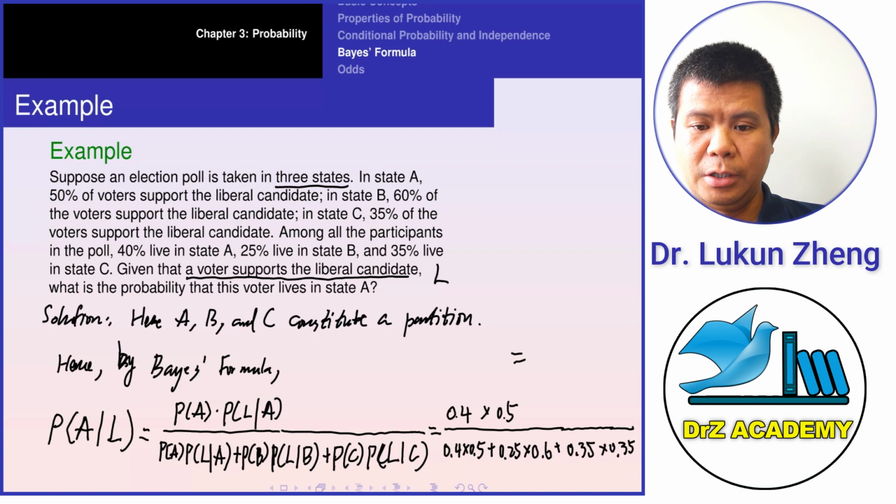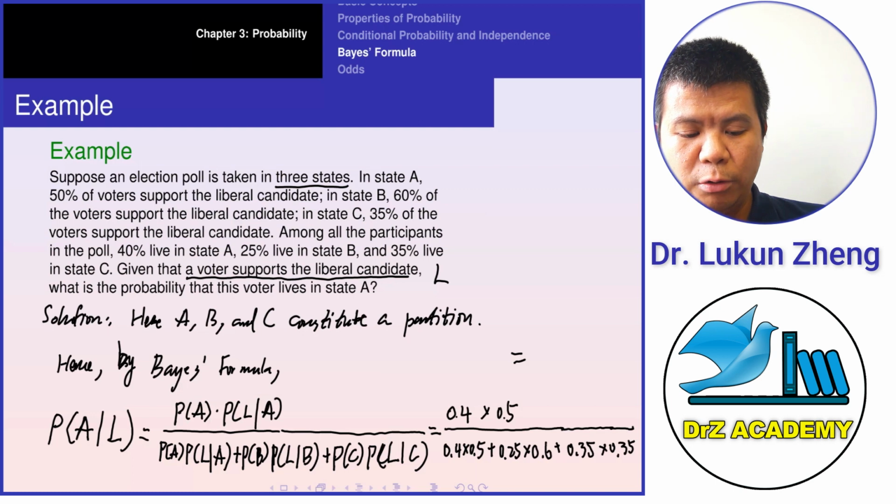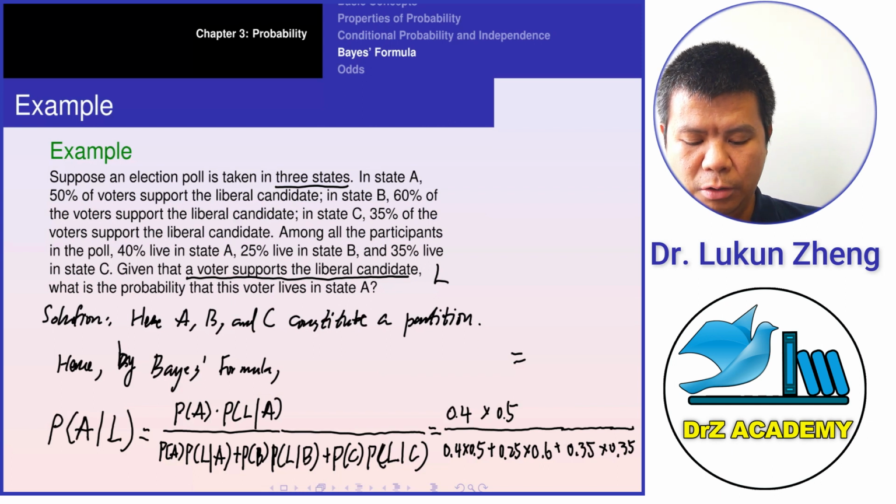So it's 0.4 times 0.5 over, in the parentheses. So be careful in the summation in the parentheses, okay? 0.4 times 0.5 plus 0.25 times 0.6 plus 0.35 times 0.35.